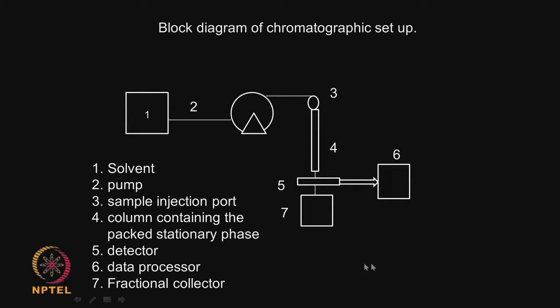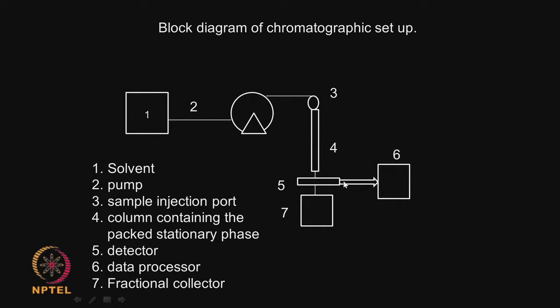So, basically this is how it will look like. You may have the carrier gas or carrier solvent or the mobile phase, okay, and then you have a pump. The pump injects the mobile phase through this column, and then you may inject the sample here, okay, and then the material travels through that, and then each one of them comes out.